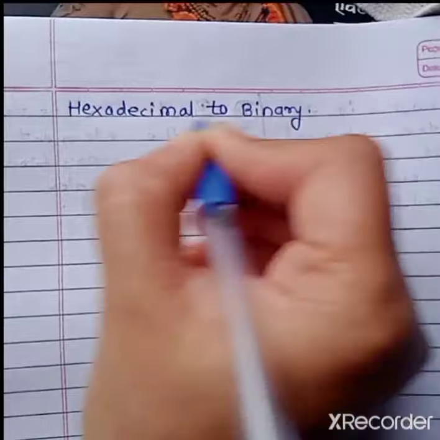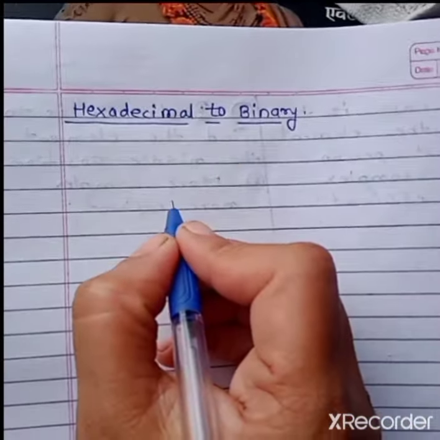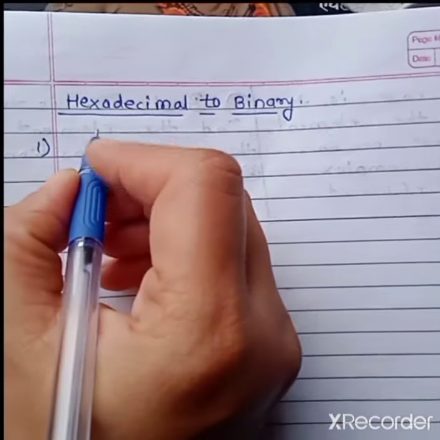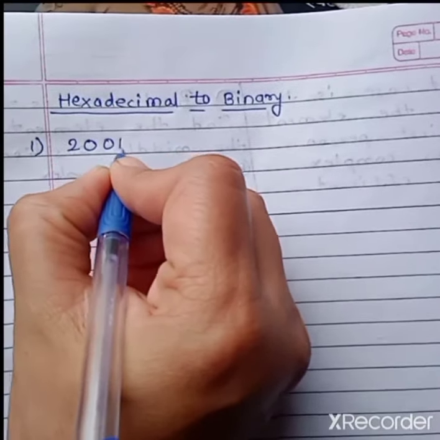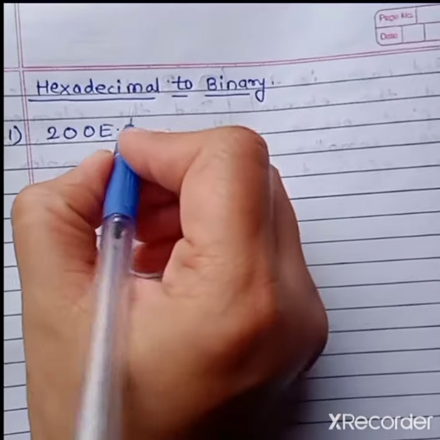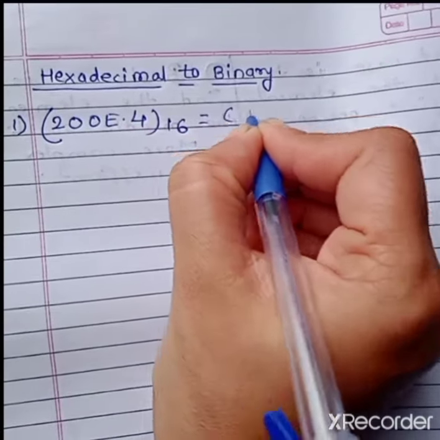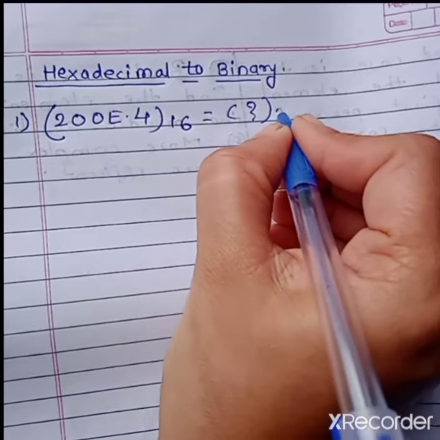So now all of you know how to do the conversion from hexadecimal number system into binary number system. So we'll see an example and we will revise once again how to do the conversion for this group of conversion. So this is the hexadecimal number given and we have to convert this number into binary.